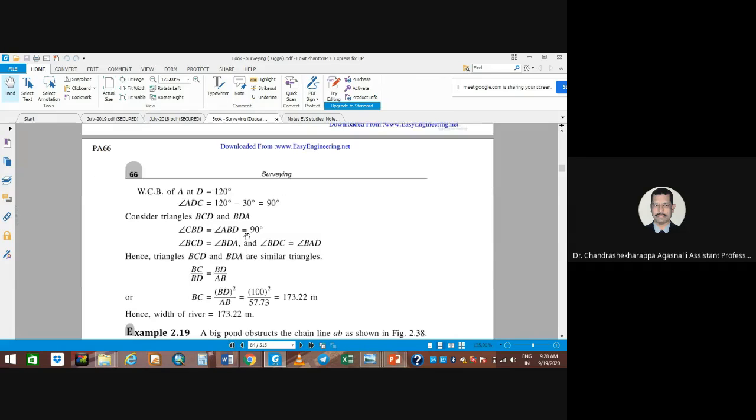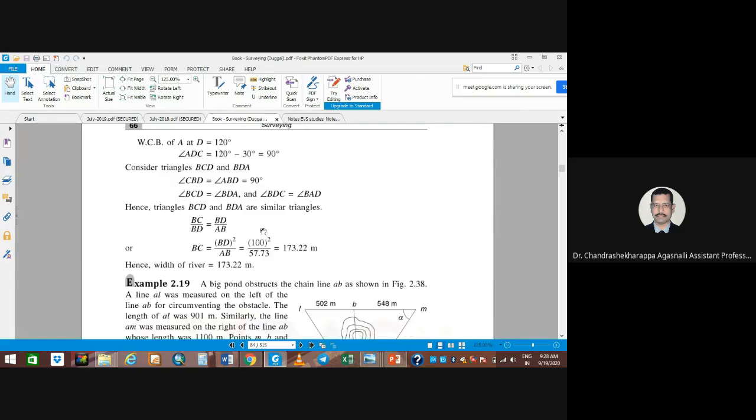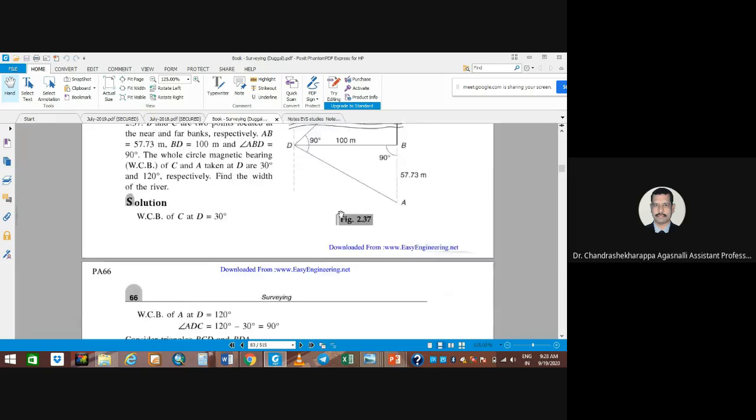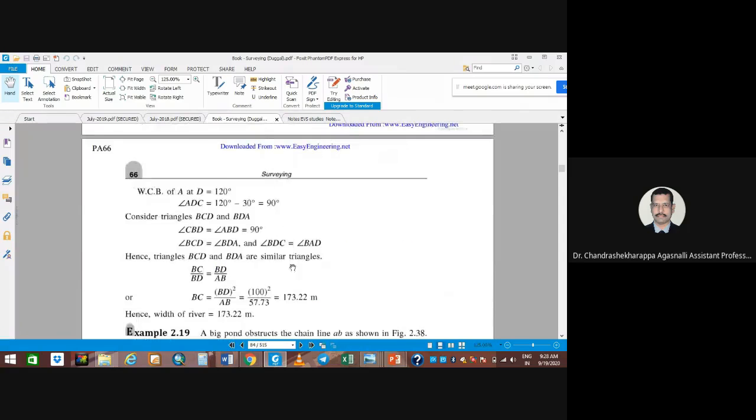When you apply all these degrees and angles, and lastly BD squared, 100 squared here, this is the actual length and distance. BD squared by EB, the width of the river will be 173.